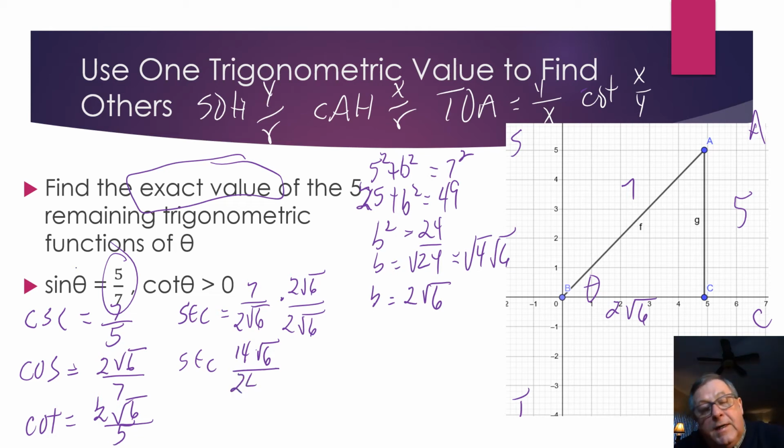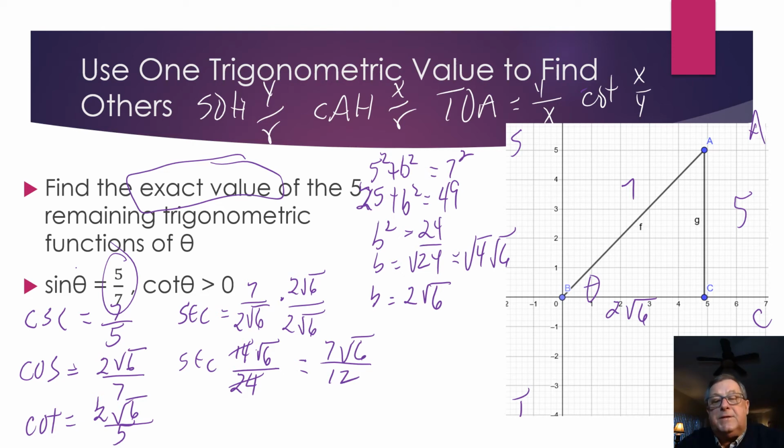So I got 14 square root of 6 over 24, but both of those are divisible by 2. And so the secant then is equal to 7 times the square root of 6 over 12.